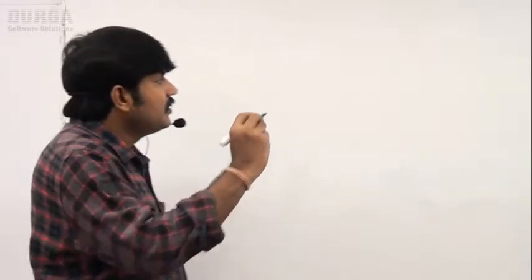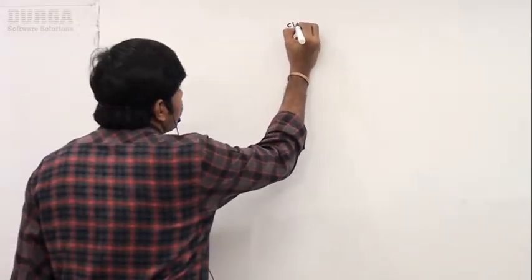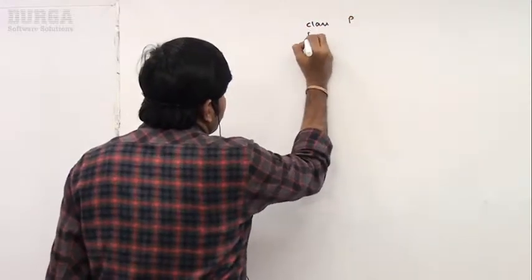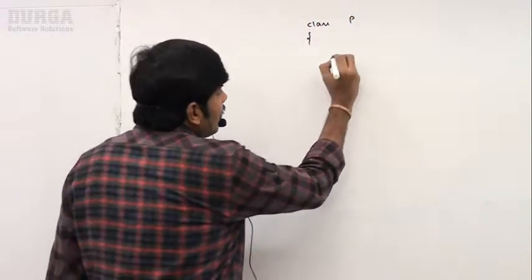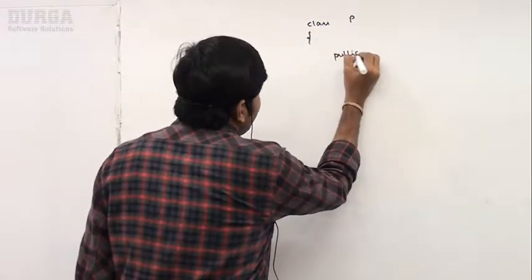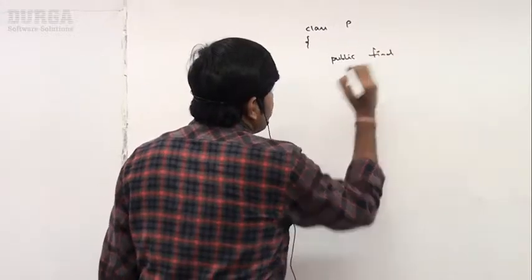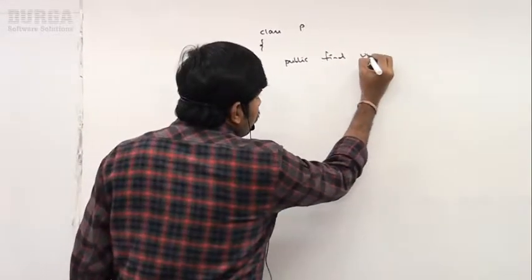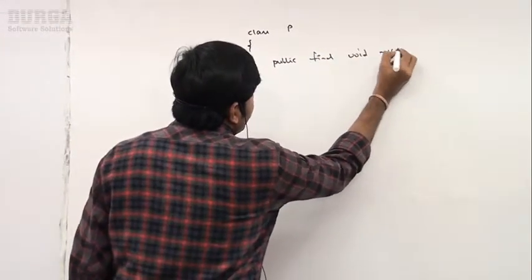Sir, next, there is one more dangerous modifier related to overriding: final. Are you getting what that modifier is, sir? The final modifier, right? Sir, here I am taking class P. The parent class method I declared as final: public final void m1.